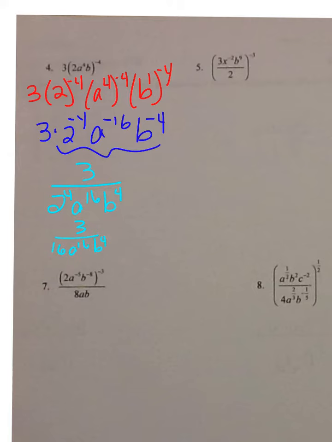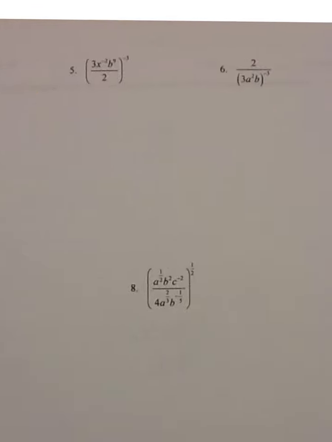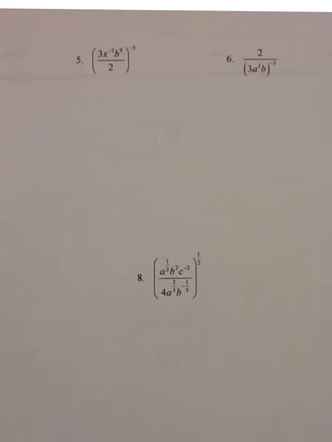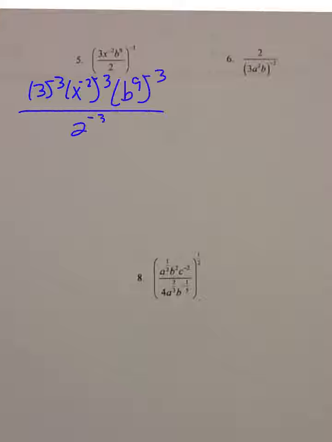Okay, so let's take a look at 5. That whole thing, that entire fraction, is raised to the negative 3rd power. So it is negative 3, sorry, not negative 3, positive 3. 3 to the negative 3rd power, x to the negative 2 to the negative 3rd power, b to the 9th to the negative 3rd power over 2 to the negative 3rd power.